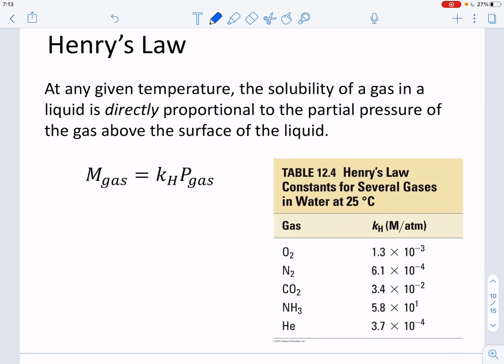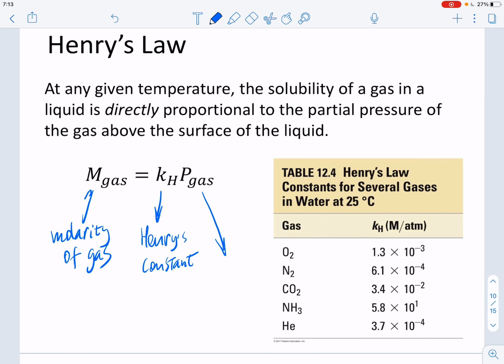Well, we have Henry's law, which pretty much looks like this. The molarity of the gas is equal to a constant. Let's be specific here. This is the molarity of the gas. It's equal to Henry's constant, which depends on the gas, of course.